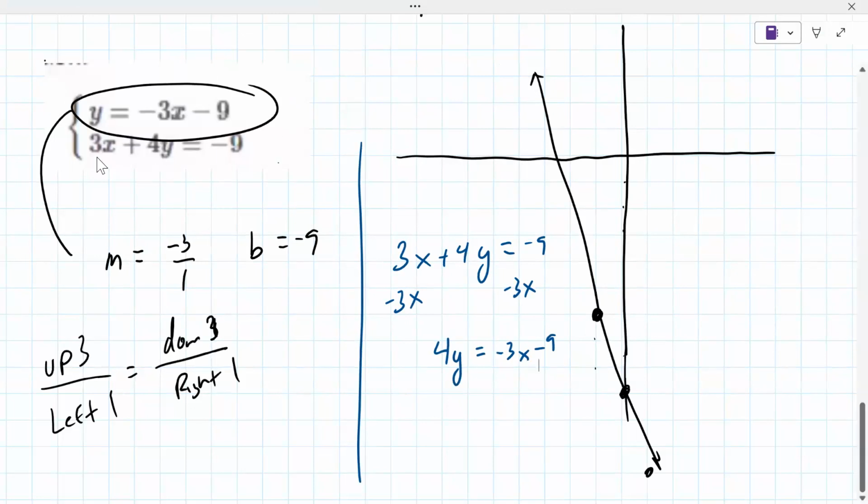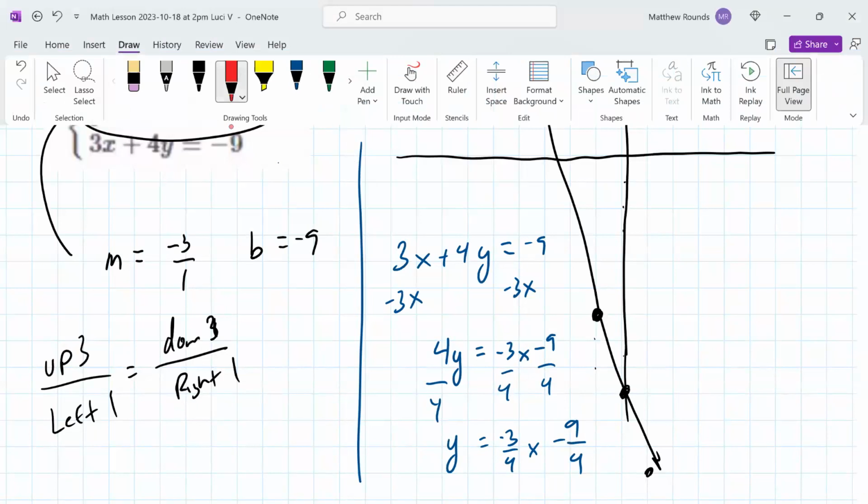Are you really graphing these again? Yeah. So the issue here is that the slope is fine. The slope is -3/4x, but the b value, it's not a nice point. So the other way to do this is, and I don't know how you're supposed to know to do this, but I'm going to pick an x value.